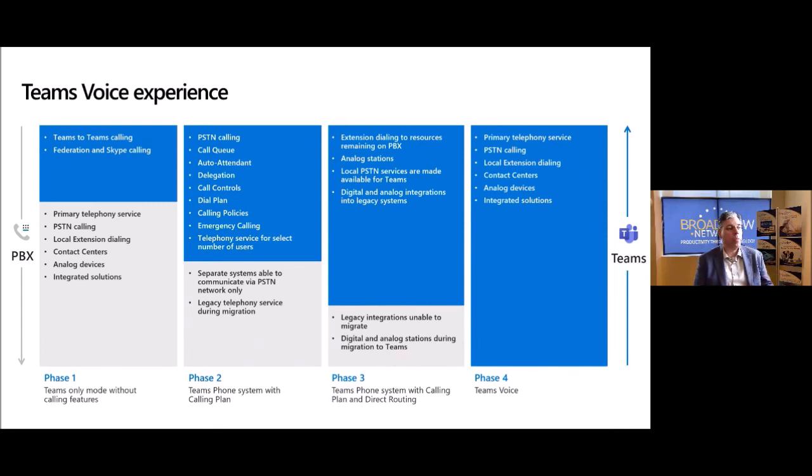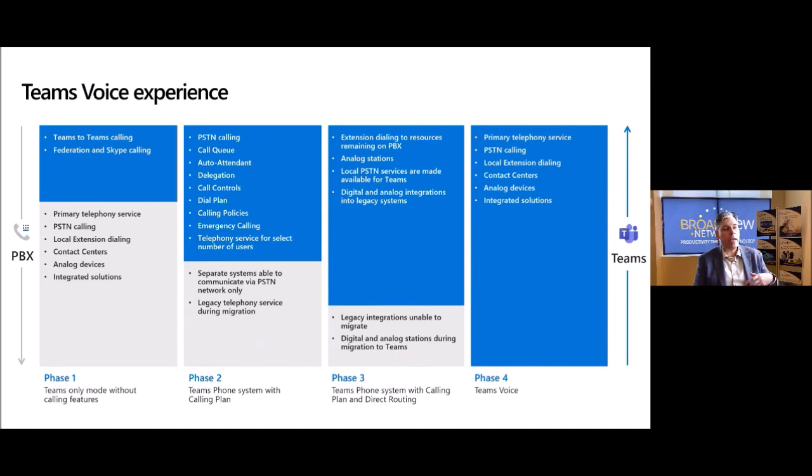Phase two would be bringing the telephone functionality into Teams and starting to be able to make telephone calls with Teams. Now, we can do that via the phone licensing from Microsoft while not leveraging your existing telephone numbers, again, to get people comfortable with it, or that could be the point of the cutover if we were doing a cutover migration.